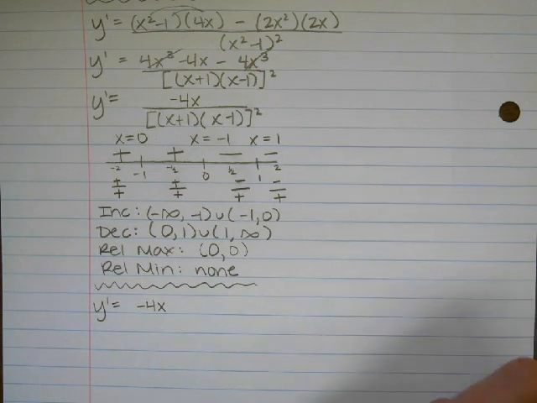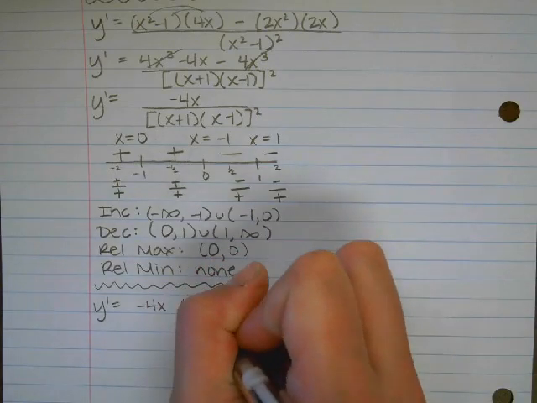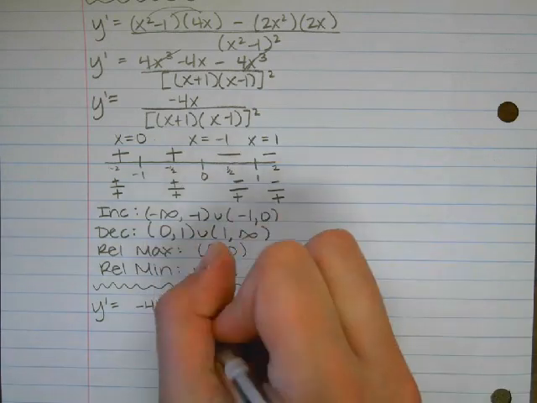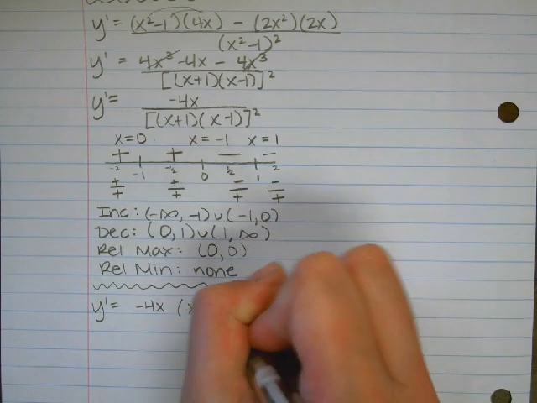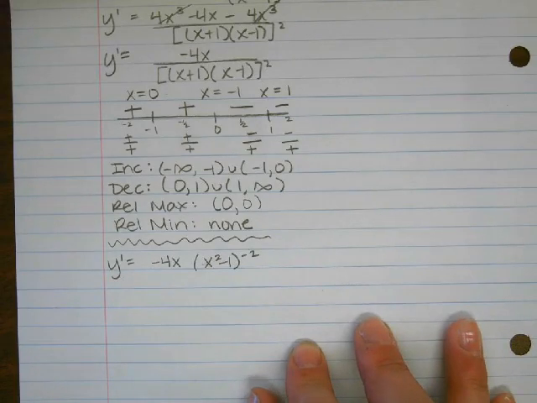I think typically at this point I often avoided the quotient rule by just taking the bottom up to the top. So I'm going to write this as negative 4x times x squared minus 1 to the negative 2. These problems are fairly common, so it's pretty common to have something on top over parentheses on the bottom that are being squared like that.